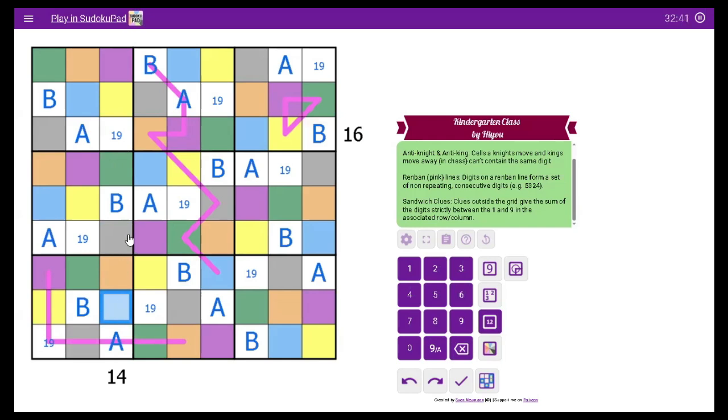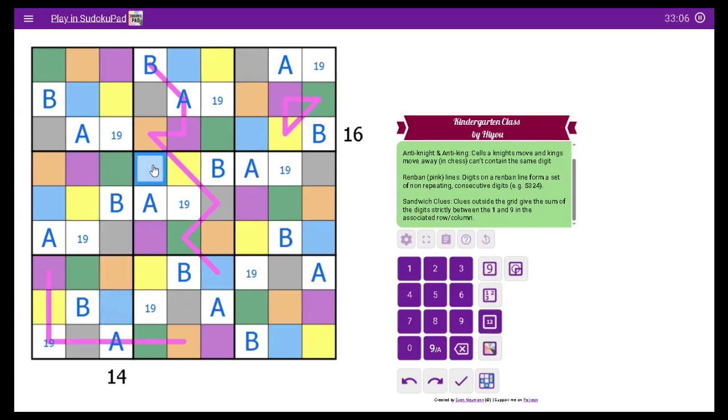And actually, it can't be gray because if it's gray, that forces this to be a 1-9. And then you can't make a 16, it's too big. And you obviously can't make it B. So the only place for the other 1-9 is right there.